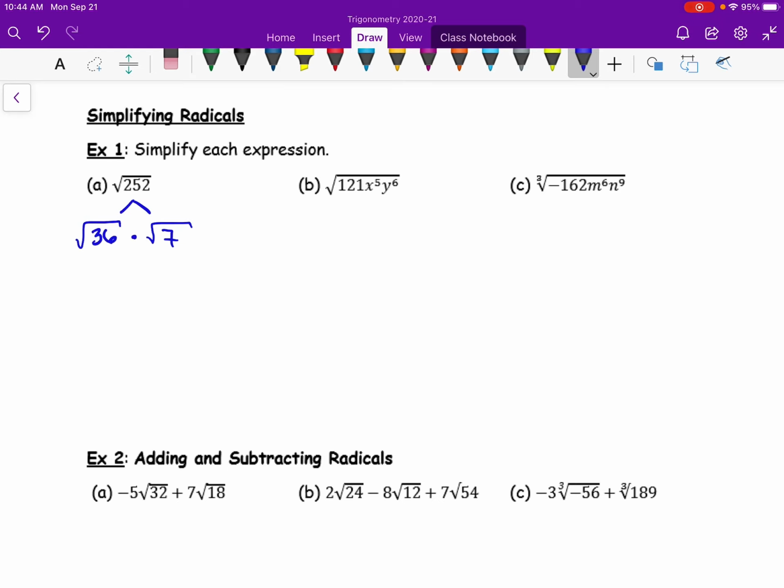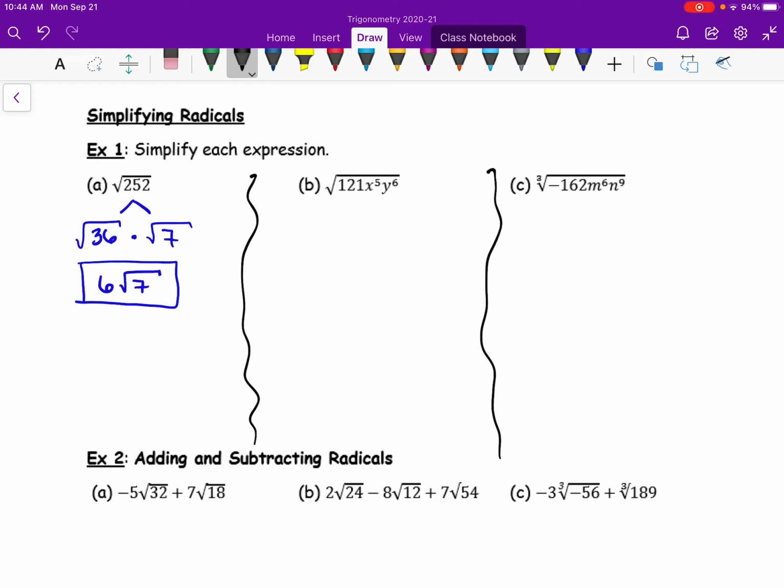Now I'm just going to take the square root of 36, which gives me 6. And since 7 is not a perfect square, I just leave it alone in the house. And I can't simplify any further. So 6 square root of 7 is the simplified form of square root of 252. And we'll just do the same thing for B.